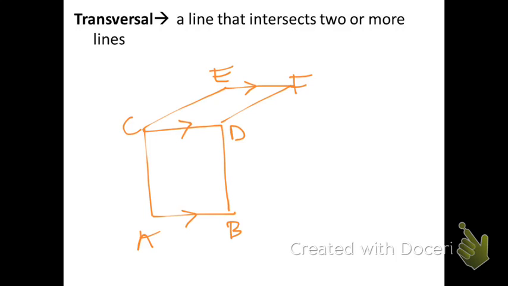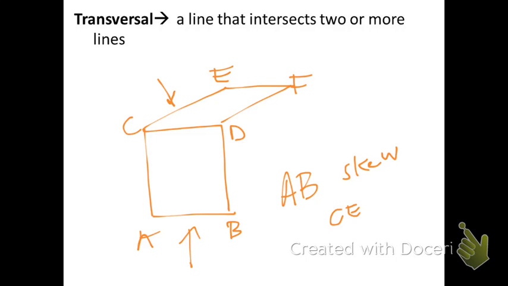But then I said, what about the side AB? AB and CE are not in the same plane, and they do not intersect, so AB would be skew to CE. Hopefully that will help. Okay, on to transversals.